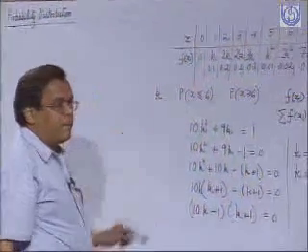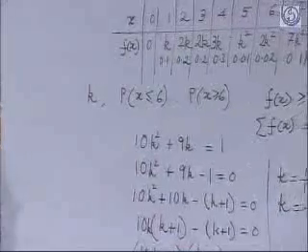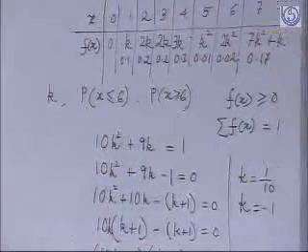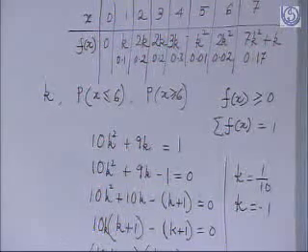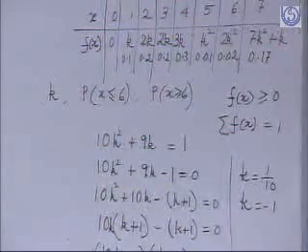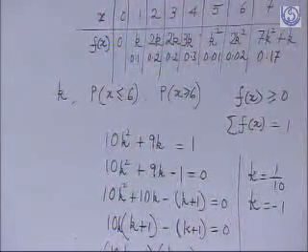So now find out the probability that x is less than or equal to 6. Probability that x is less than or equal to 6 means x can be what? It's a discrete random variable assuming values 0, 1, 2, 3, 4, 5, 6, 7.